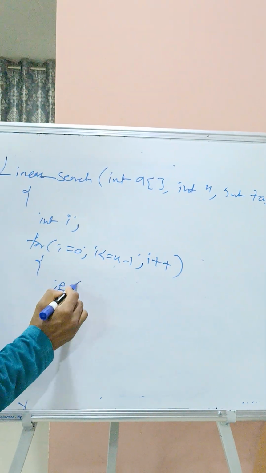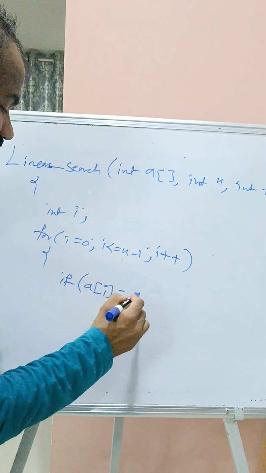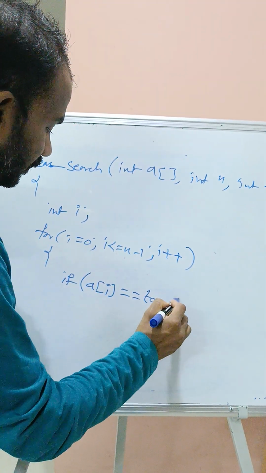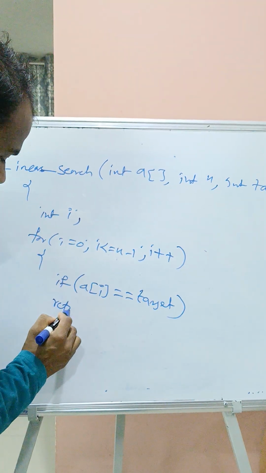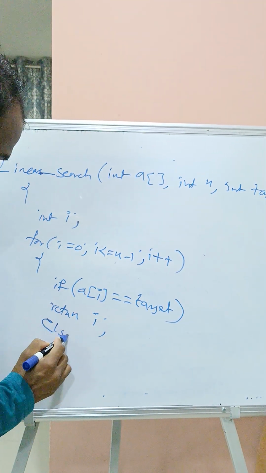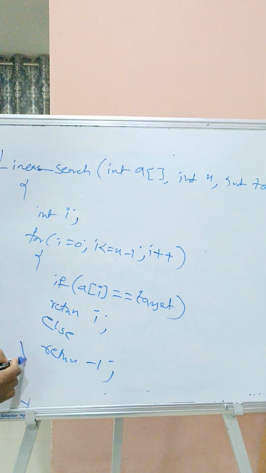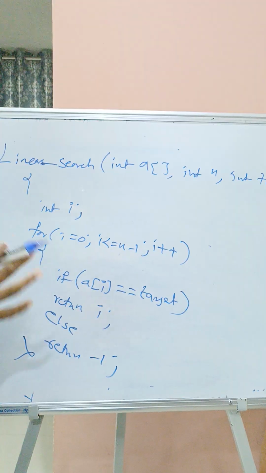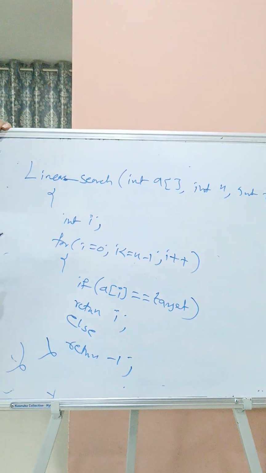If a[i], suppose a[0], is matching with the target element, then return i, meaning the position. Else we are going to return minus 1. What is minus 1? The target element is not present. Right? So this is about linear search.